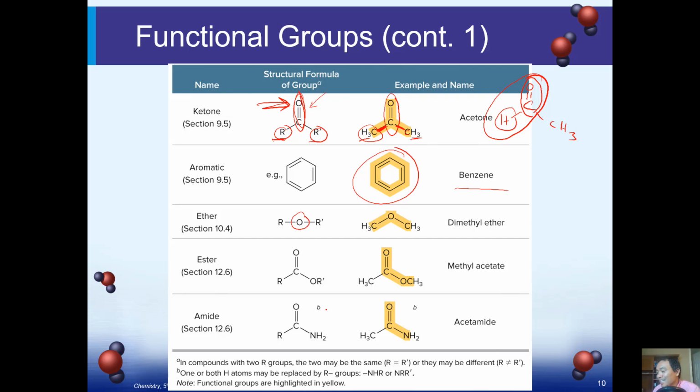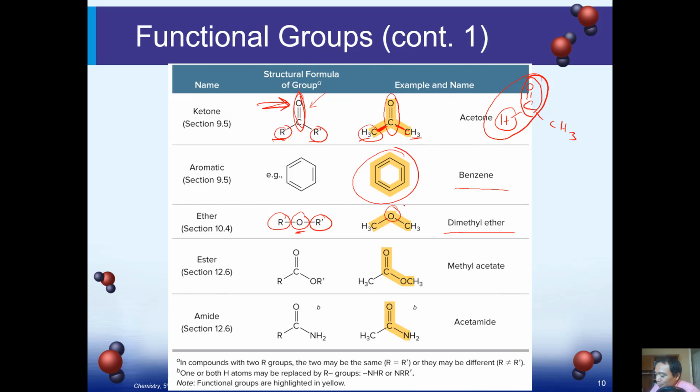It's the oxygen that is flanked by 2 R groups or 2 carbon chains, carbons with a certain number of hydrogens. That makes oxygen an ether functional group. As you can see in dimethyl ether over here, this oxygen is flanked by 2 carbons which are connected with the correct number of hydrogens. In this example, that's dimethyl ether.